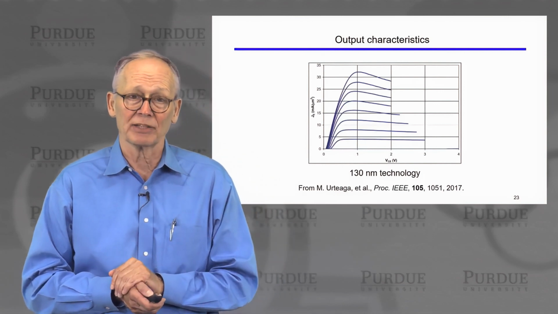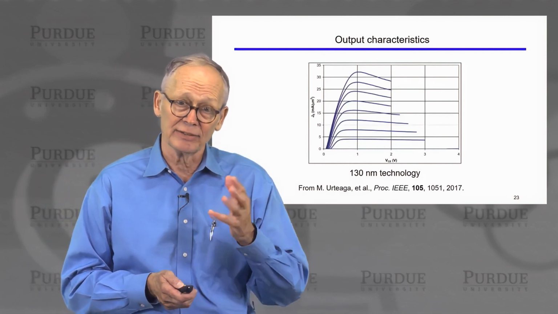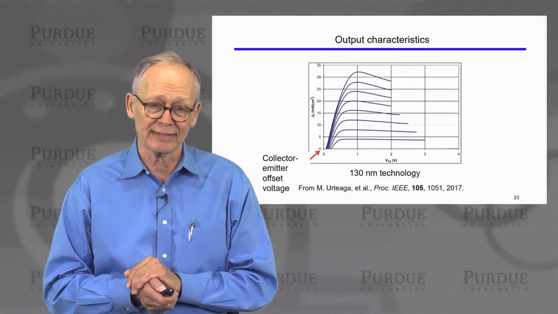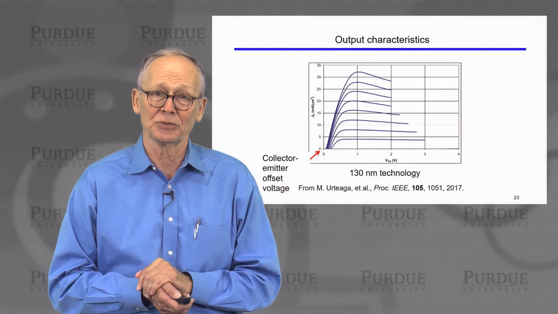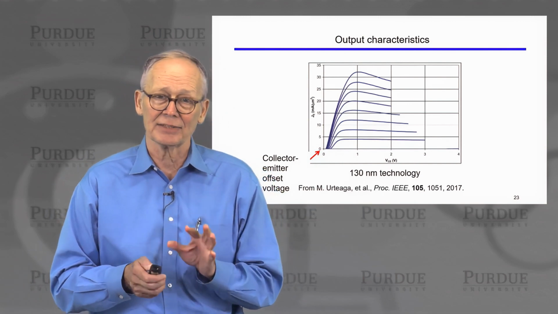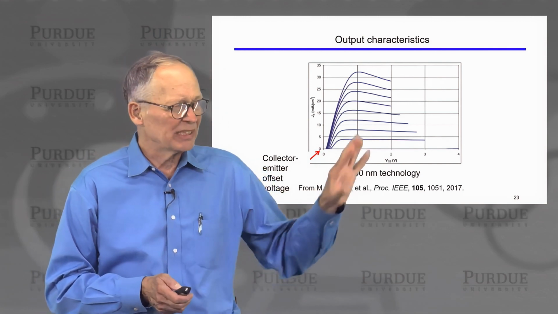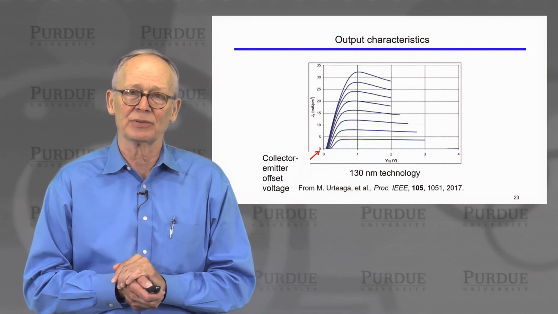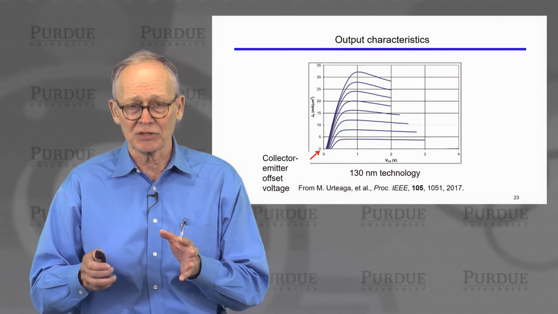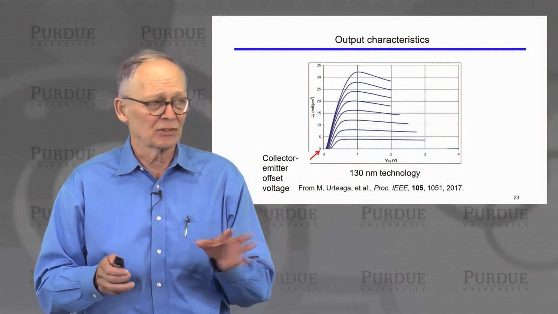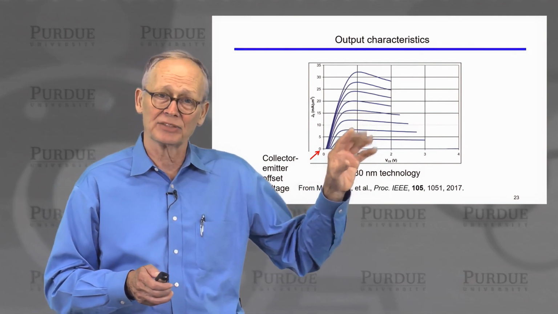This is what the output characteristics might look like for modern-day SiGe HBT technology. One of the things that you'll notice is that the current doesn't go through the origin. There is a collector-emitter offset voltage, which is undesirable because it increases the power dissipation. The use of a double heterojunction bipolar transistor reduces that offset voltage somewhat.